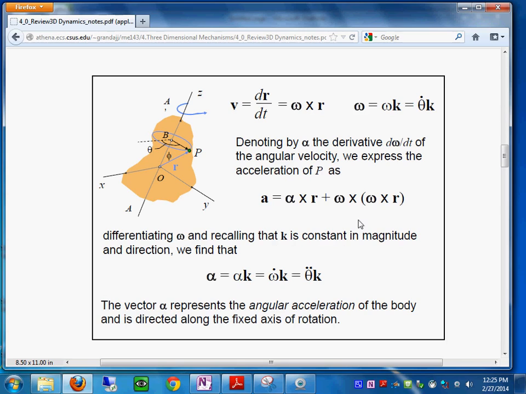So we're basically establishing right now two equations, one for the velocity and the other one for the acceleration. But maybe it might be a good idea to review that unless everybody is okay.